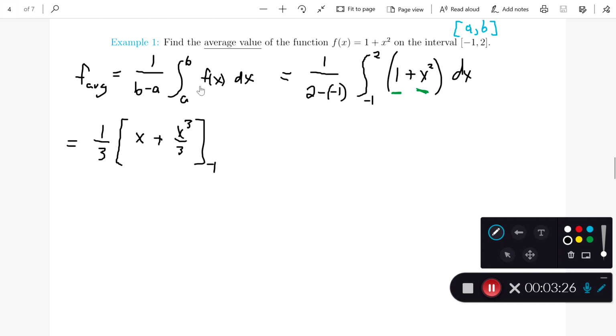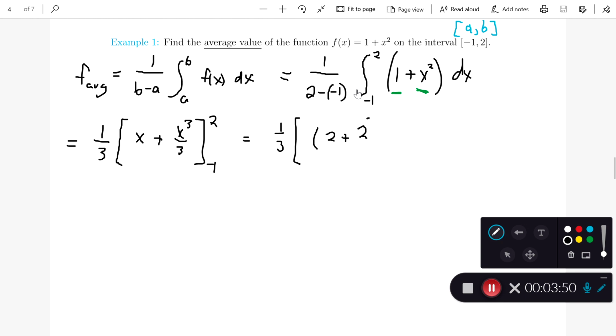And again, we're evaluating from -1 to 2. That means that we plug in the top number, 2, and subtract what we get when we plug in the bottom number, -1. And then later we'll multiply this by the 1 over b minus a part, which is 1/3.